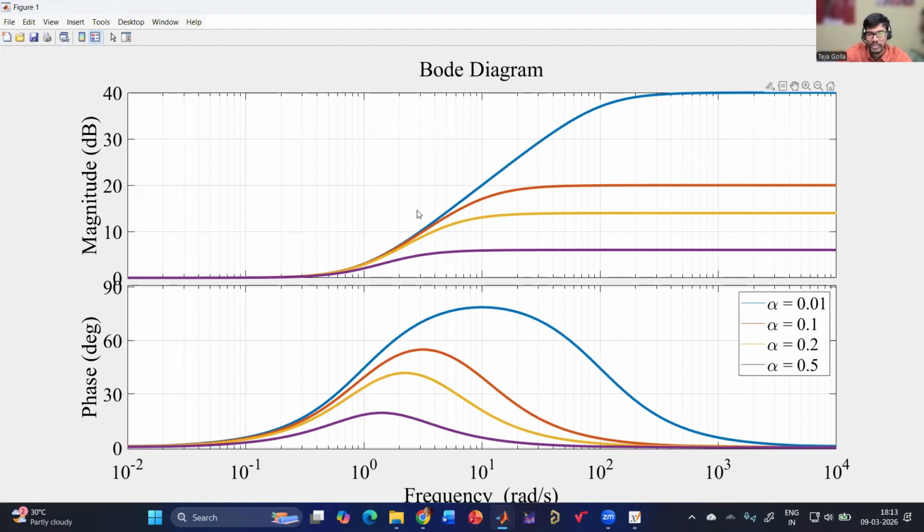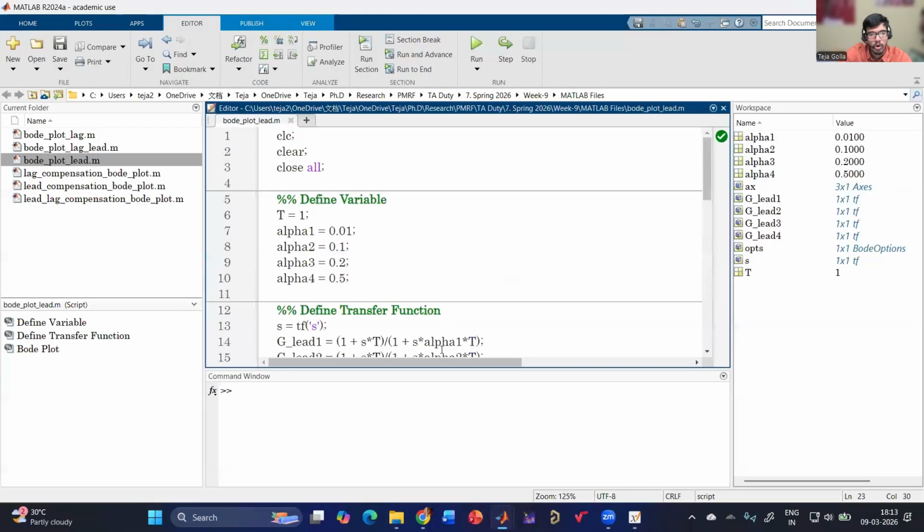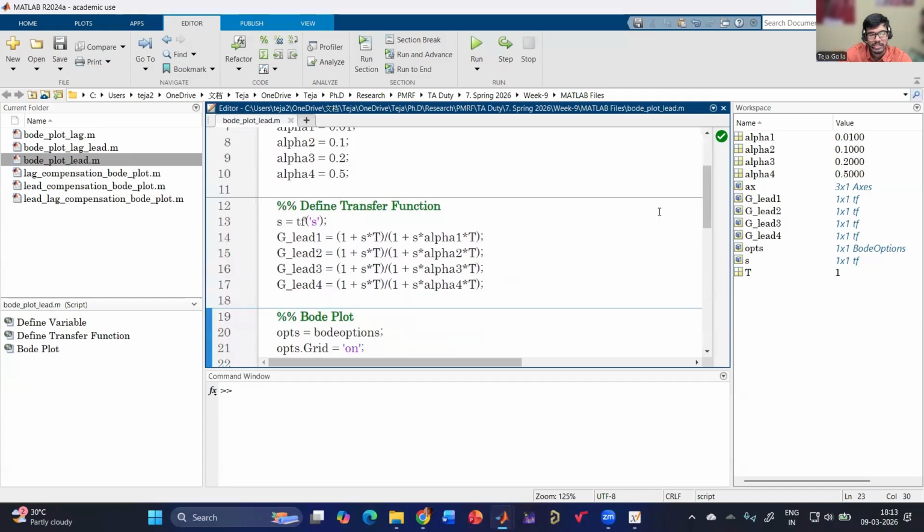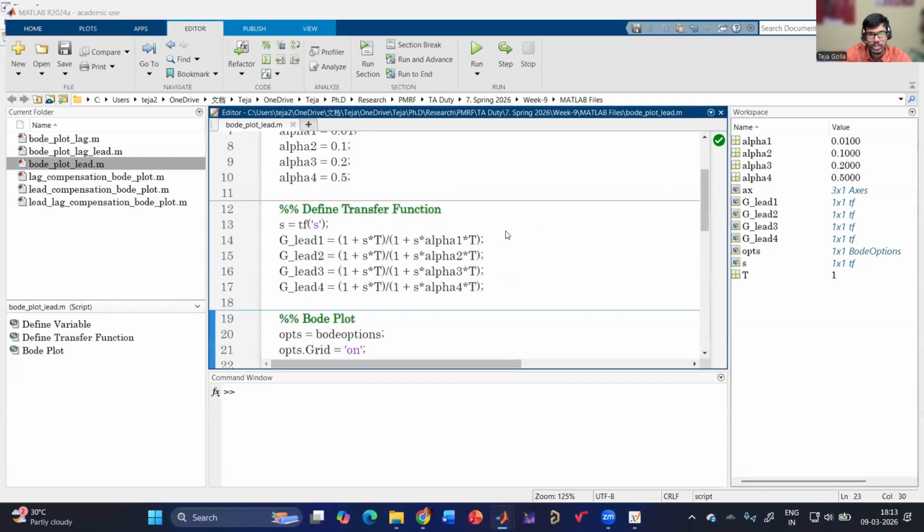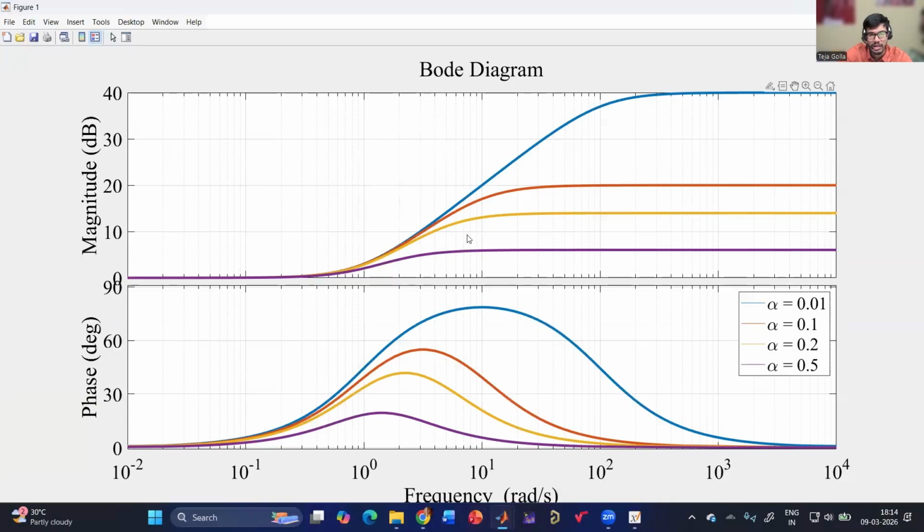I have considered T to be the same, but alpha is different, which means the pole location is varying, whereas the zero location is the same. Only the pole location is varying, so that's why it has this kind of behavior. The frequency at which the peak happens is different, and the peaking behavior is also different.